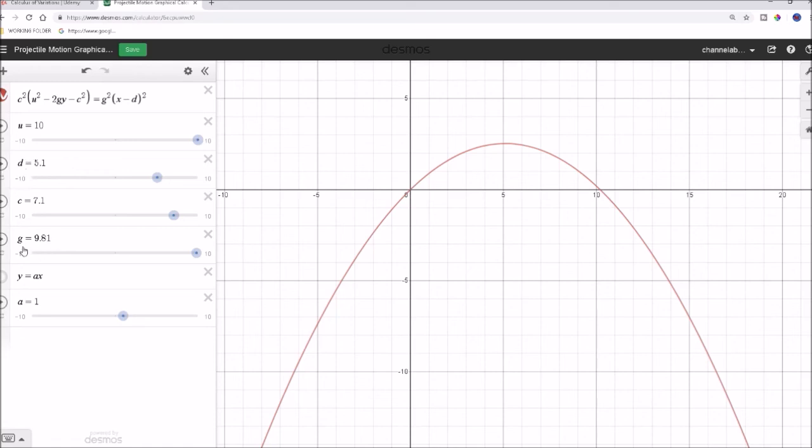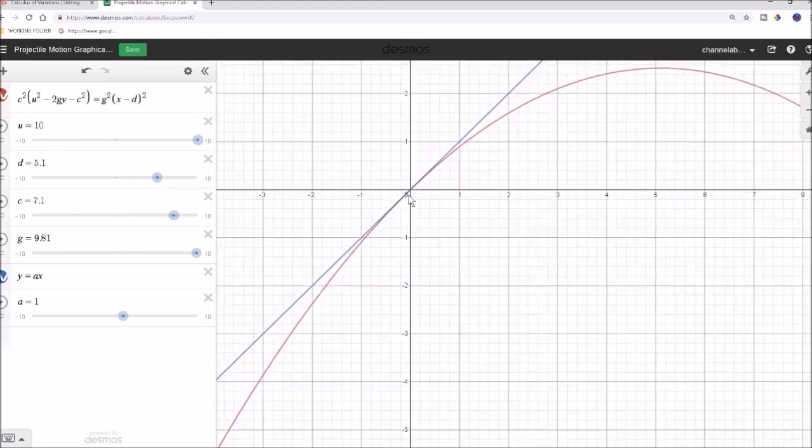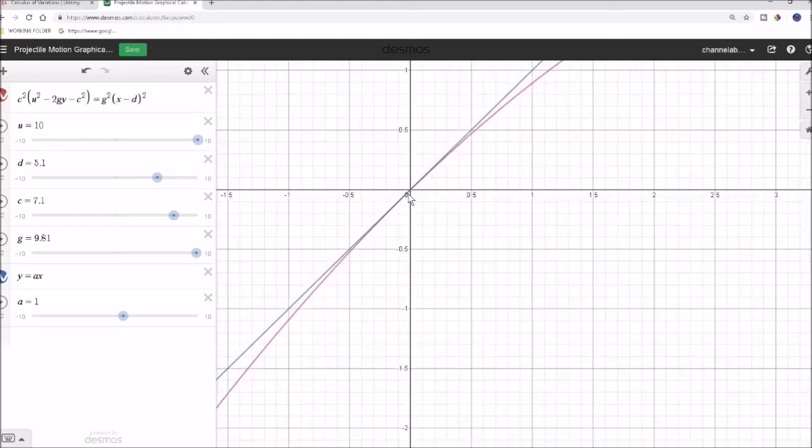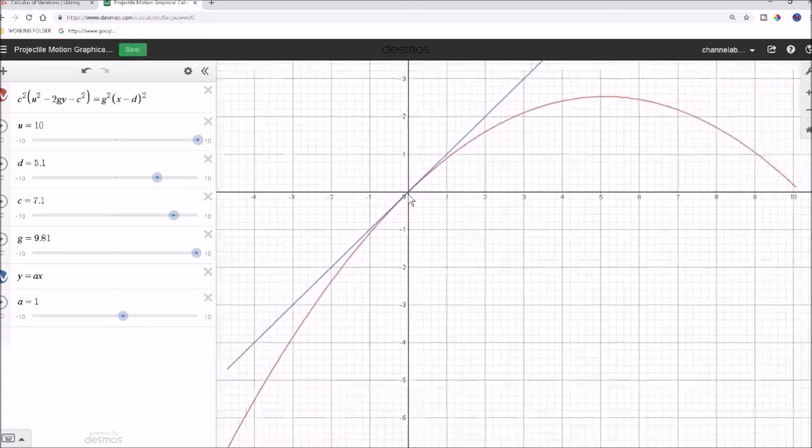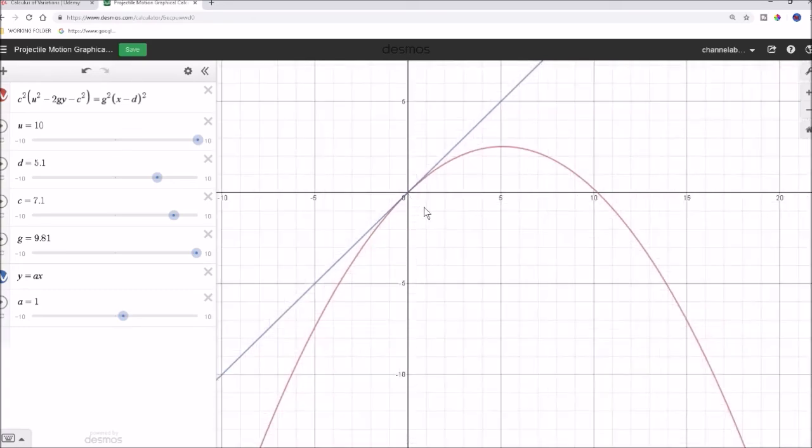We've got gravity, which is 9.81, and also this value c is going to give us the angle at which we throw the ball. So in order to test this out and see that this actually works, we want to set the angle to 45 degrees. If the angle that we throw it at is 45 degrees, that's going to give us the maximum distance that it should travel.